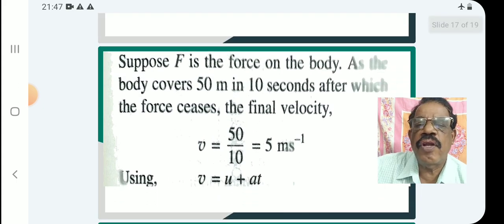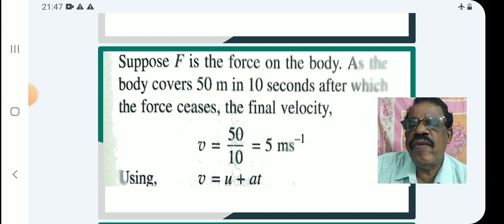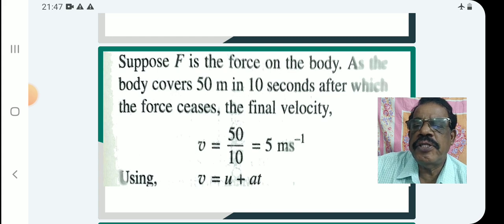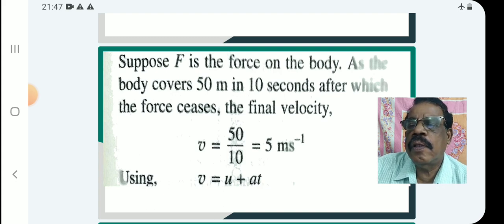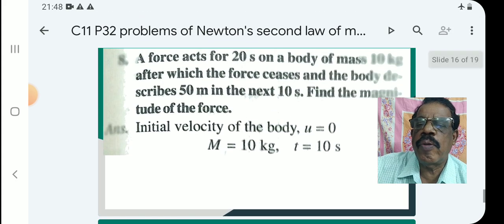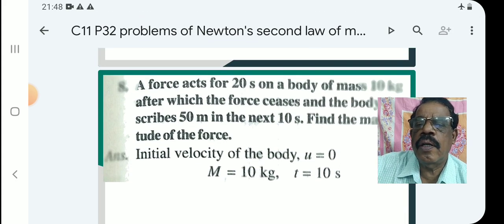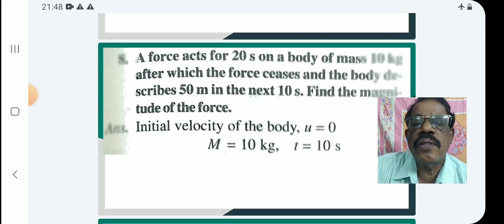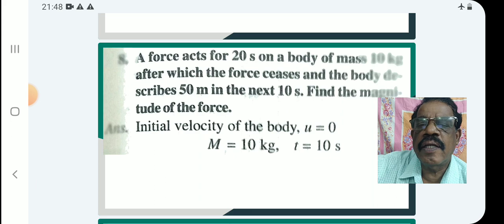You see the problem once again. A force acts for 20 seconds on a body of mass 10 kilogram, after which the force ceases, and the body describes 50 meter in the next 10 seconds.